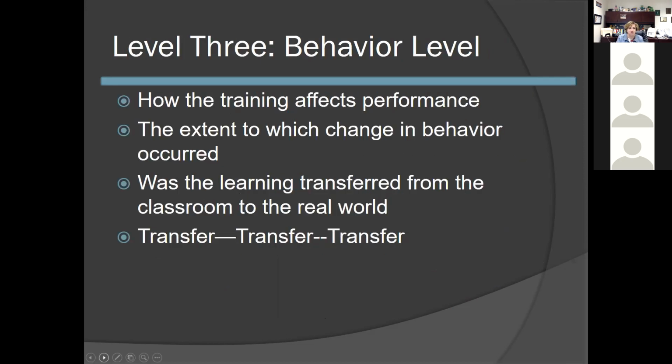Okay, I've got just a few more minutes, so I'm just going to talk about level 3 quickly. Level 3 is really a behavior level. So this is, how did the training affect their performance? To what extent did the behavior change occur? Was the learning transferred from the classroom to the real world?